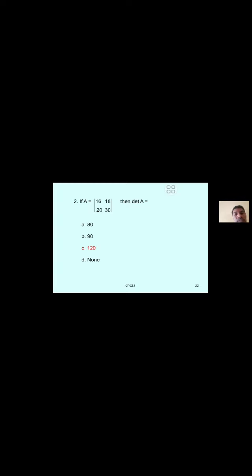In the exercise there are also so many questions given, 2 by 2 as well as 3 by 3 matrix. So from the textbook we have to try to find the 2 by 2 matrix determinant and 3 by 3 also. 2 by 2 we can write easily or directly, that is AD minus BC.